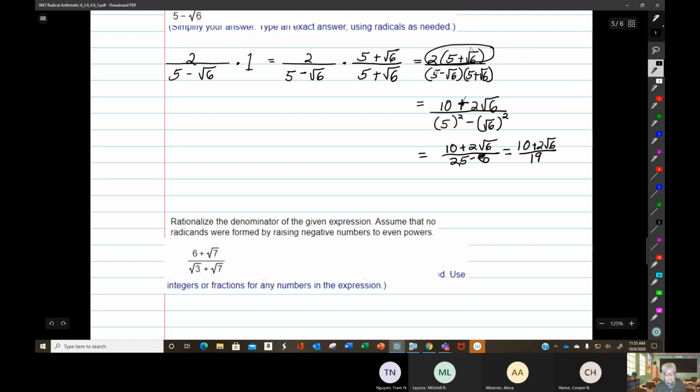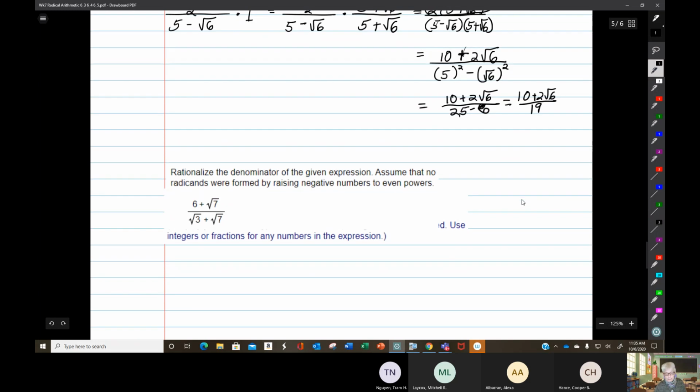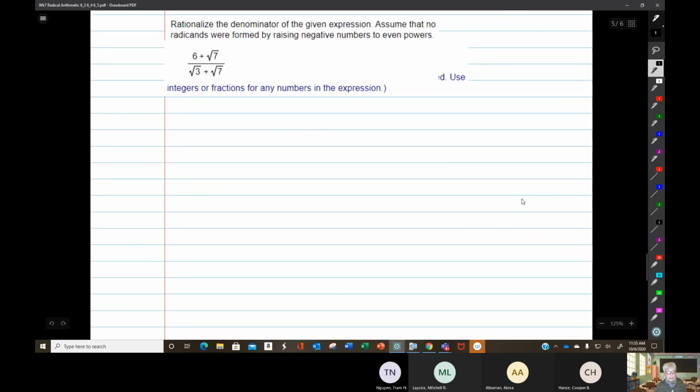So good. Let's do this. 6 plus the square root of 7 over the square root of 3 plus the square root of 7.